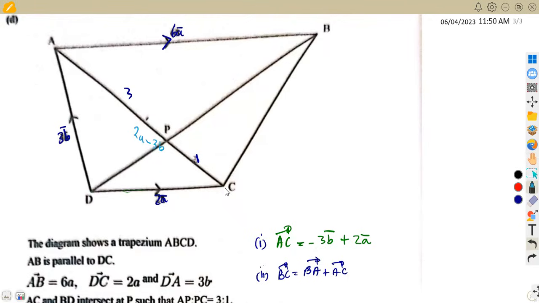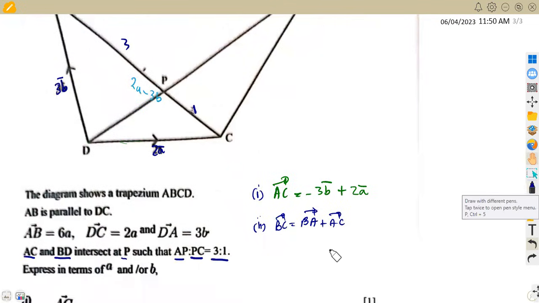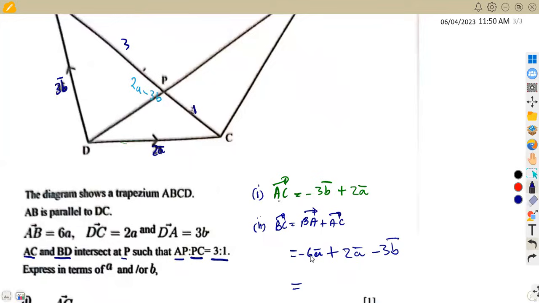So we are simply going to add BA, where we are opposing the arrow, so it's negative, minus 6A. So that will be minus 6A plus AC. AC is the one that we got here, minus 3B plus 2A. If you combine minus 6 plus 2, that's minus 4A minus 3B. All right, so it's going to be minus 4A minus 3B in this case.